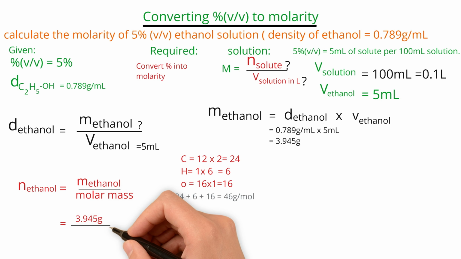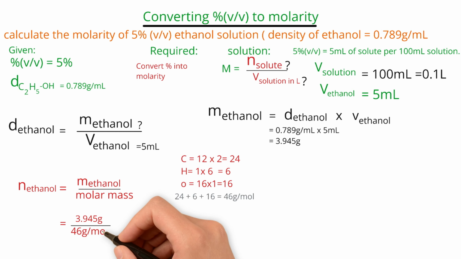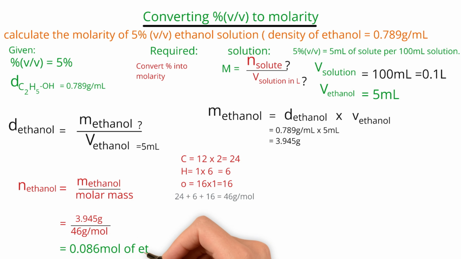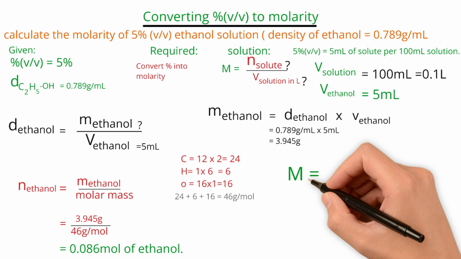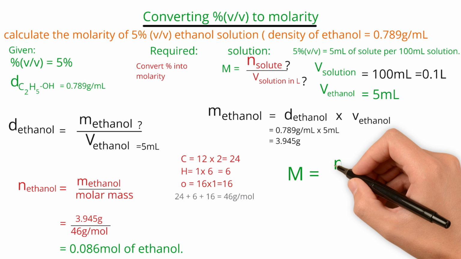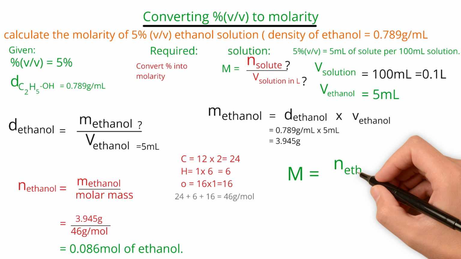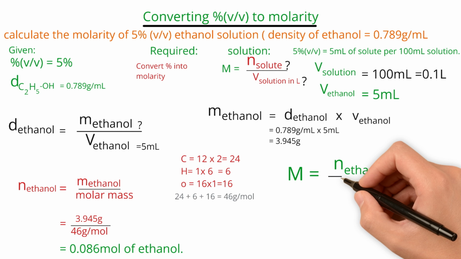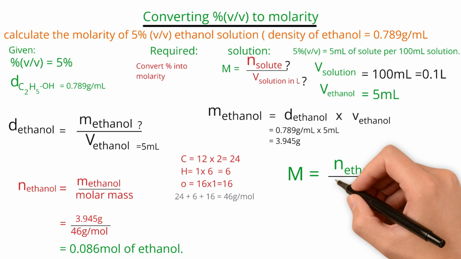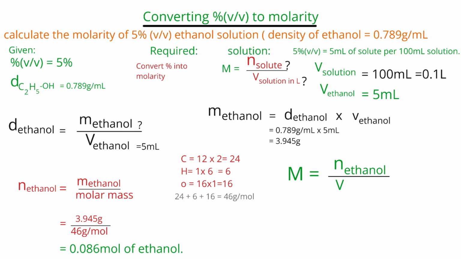Now moles of ethanol is equal to 0.945 gram upon 46 gram per mole, which is equal to 0.0205 mole of ethanol.